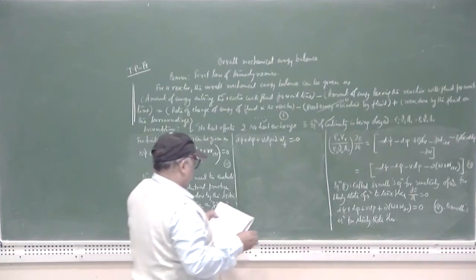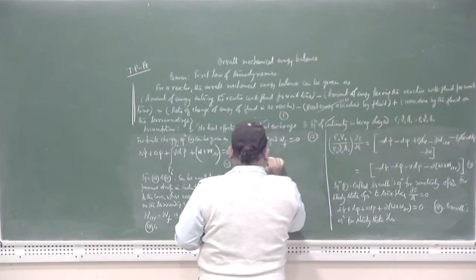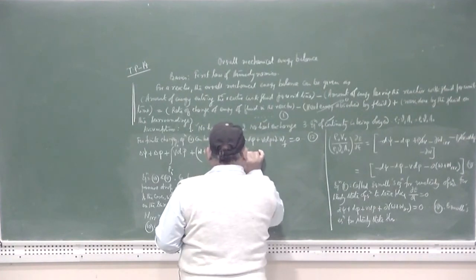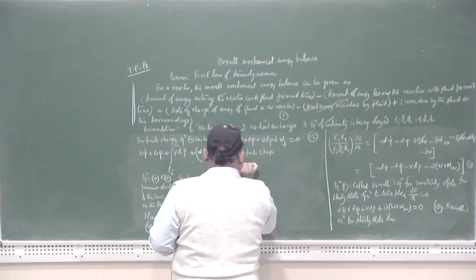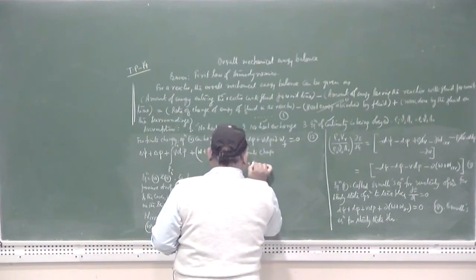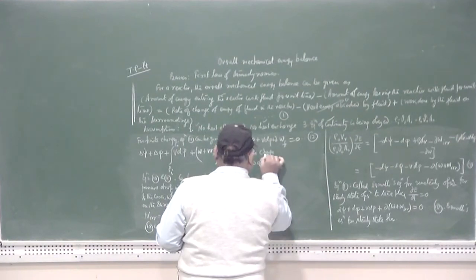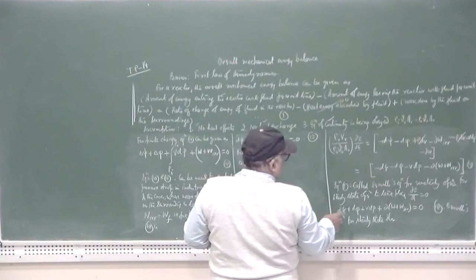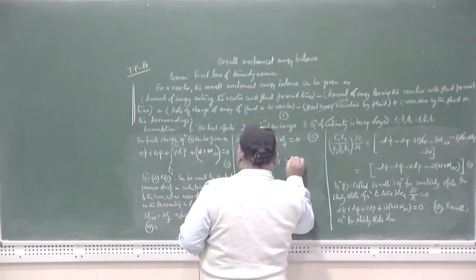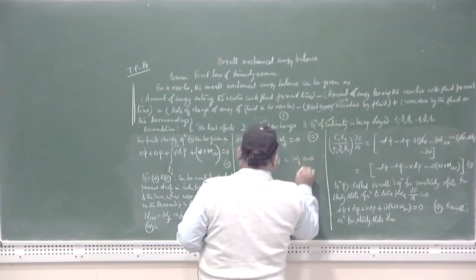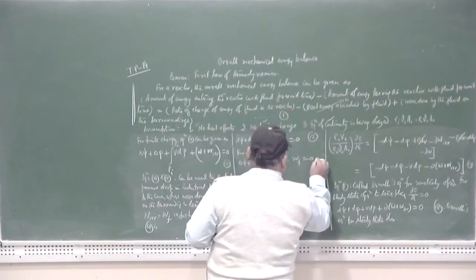Let it be equation number 12. This is for infinitesimal change, and for finite change delta psi plus delta phi plus the integral of v dp from pi to p naught plus Wf should be equal to 0. Let it be equation number 13.